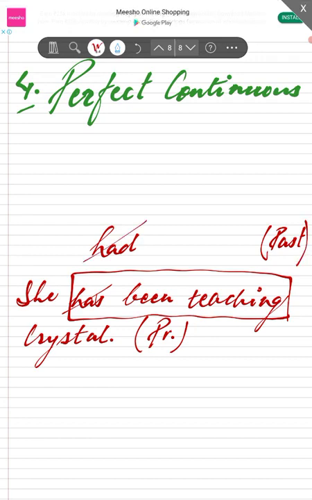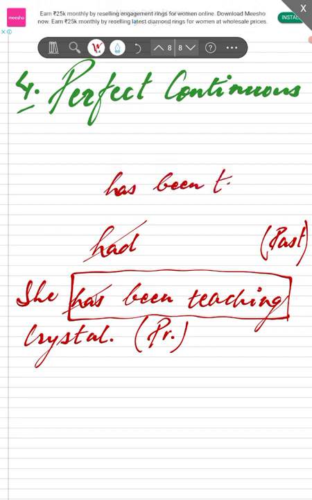Now again change this verb into future and copy the exact thing that is written in the present aspect. Okay, has been teaching. So copy the same thing, has been teaching.